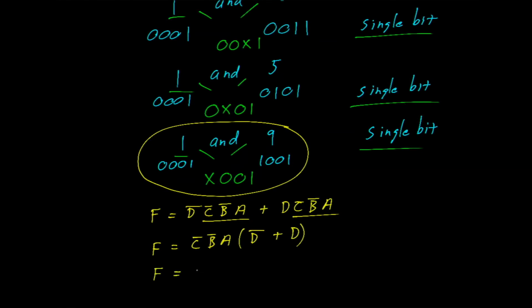So when all is said and done, if our circuit is to respond to minterms 1 and 9, we build C0, B0, A.